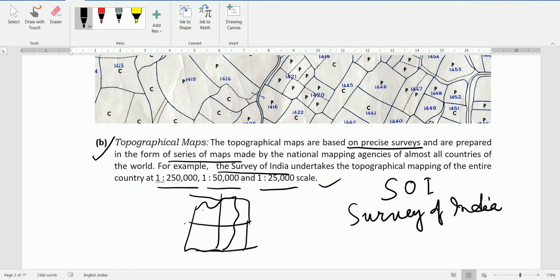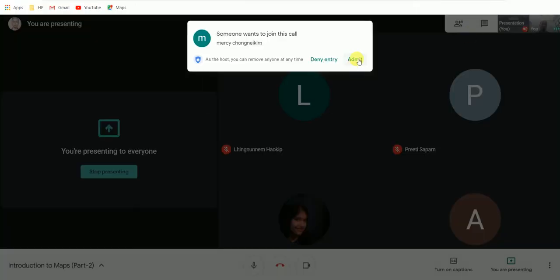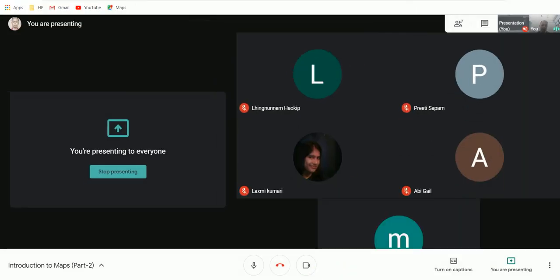So this is sheet 1, this is 2, 3, like that. And it is continuous: sheet 1, after that 2, then 3 and 4, in this way. And they are preparing these topographical maps. How they are giving these composite numbers, we will be learning later on.